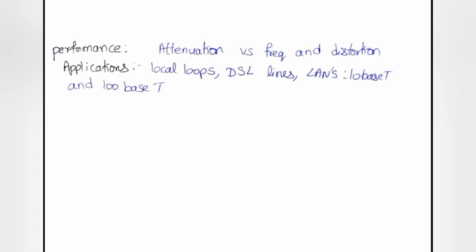So if another signal comes opposite to the baseband signal, then there will be a collision. Here also, 100 base T means it supports 100 megabits per second speed and baseband transmission with the twisted pair cable. So these are the main applications of the twisted pair cable.